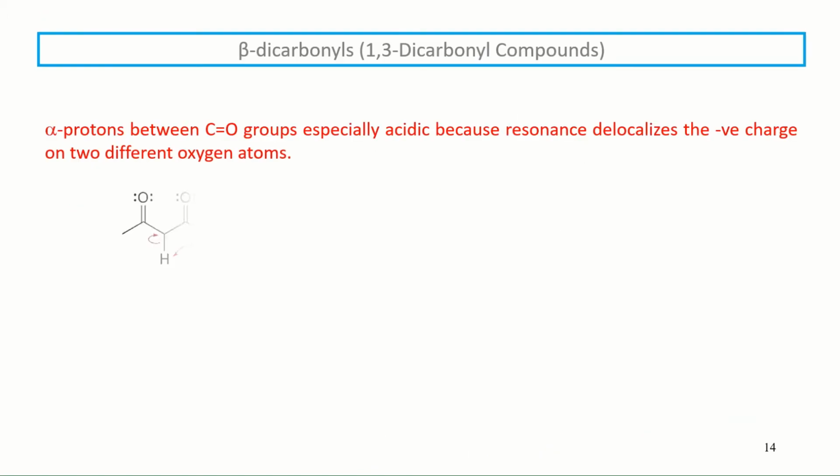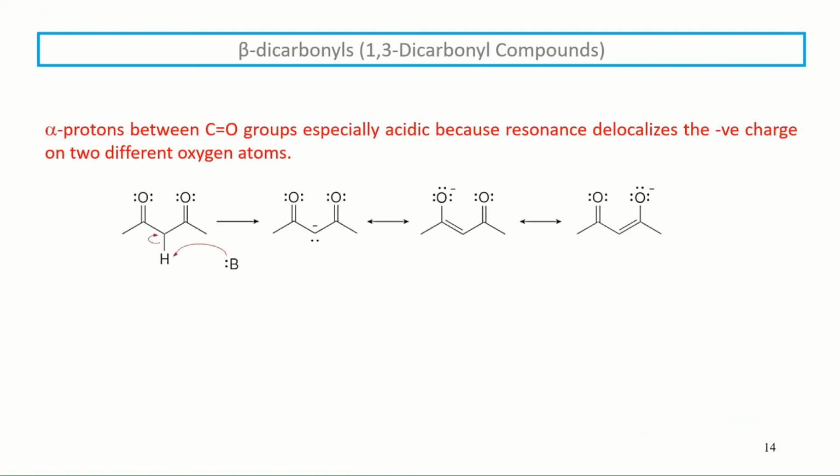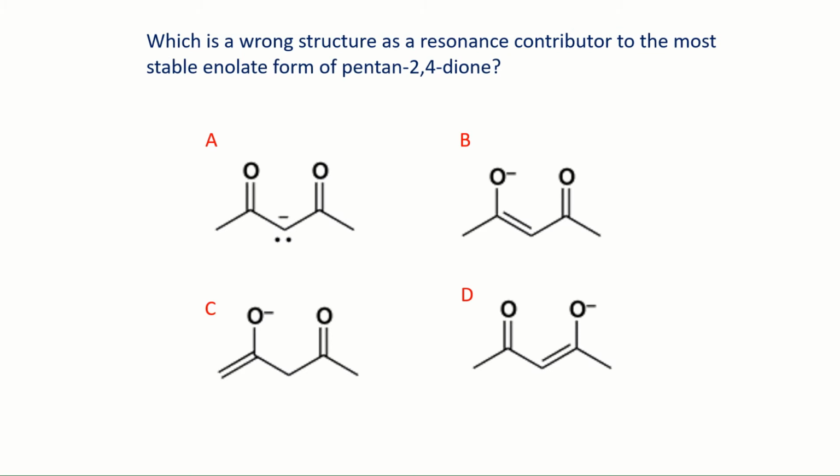The reason why, of course, is because we can generate 3 resonance structures from these, and they become critically important later on down the road. 3 resonance structures, so we have a very stable conjugate base. So we could ask something like this, for example, which is the wrong resonance structure of 2,4-dione? Have a look at it carefully, pause, and then we can talk about this in the discussion sessions.